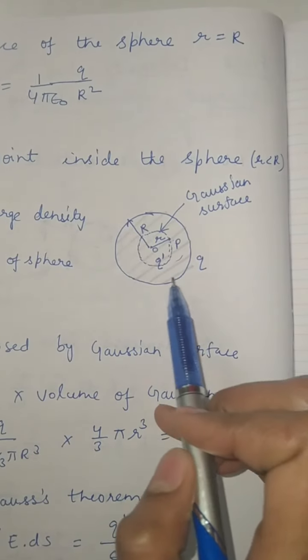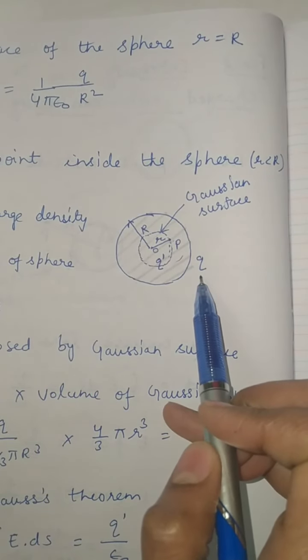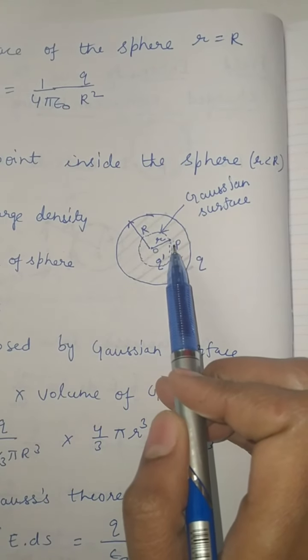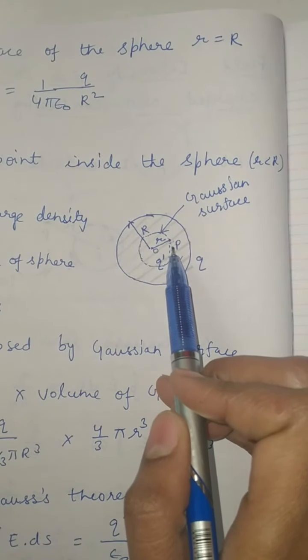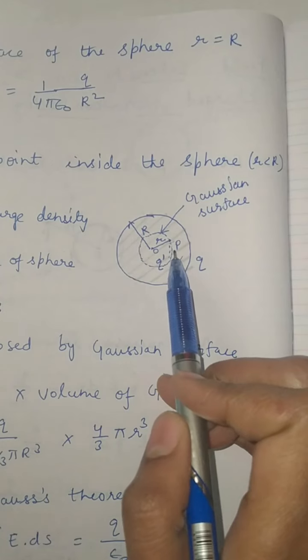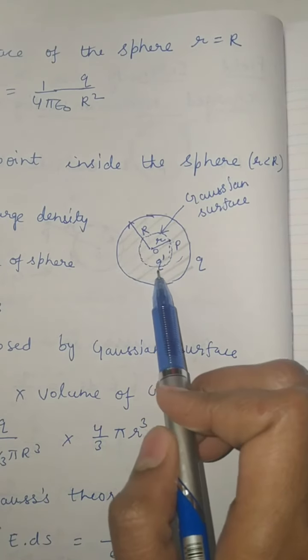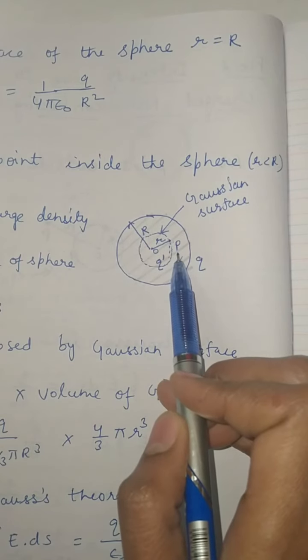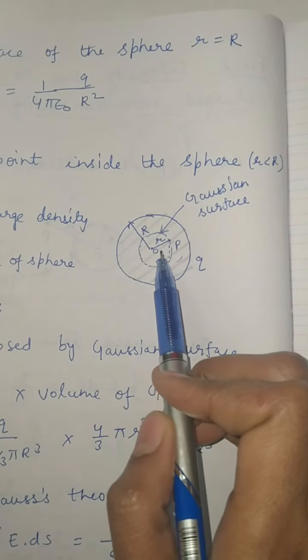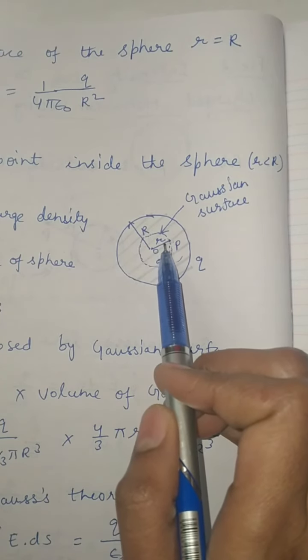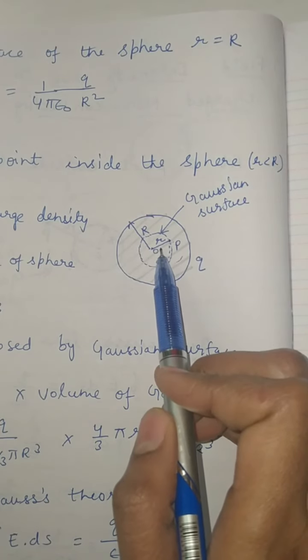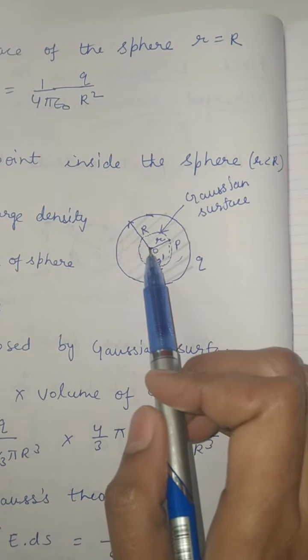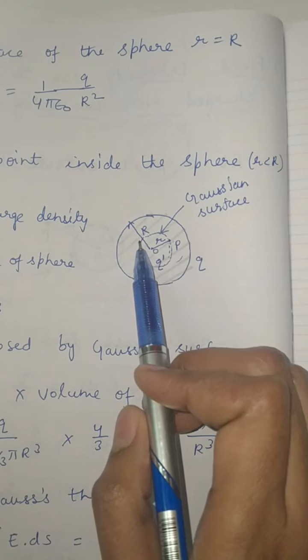This is the sphere which is uniformly charged by charge Q, and this is the observation point. So to calculate the electric field at P, this will be the Gaussian surface on which P lies. The distance of P from the center is small r and the radius of the sphere is capital R.